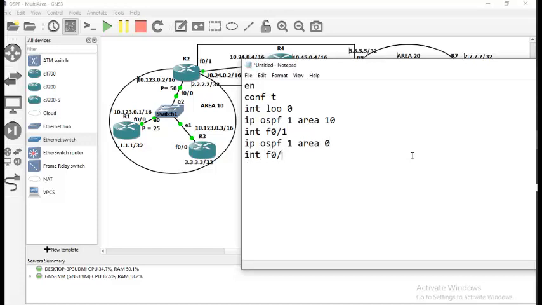Interface F0/0, ip ospf 1 area 10. ip ospf priority 50. And write to memory. This is it. Easy, right?